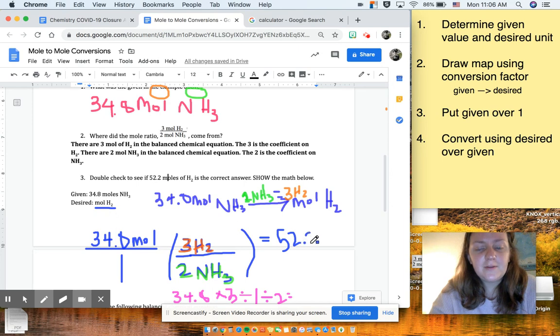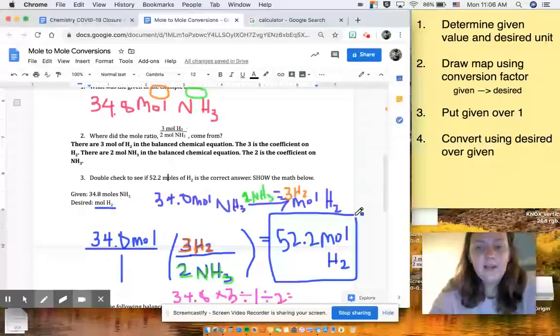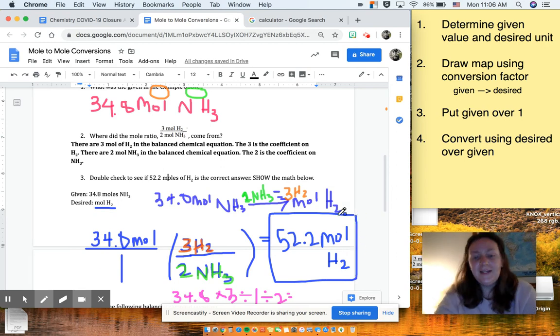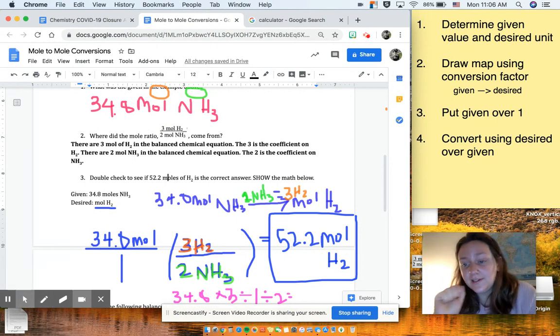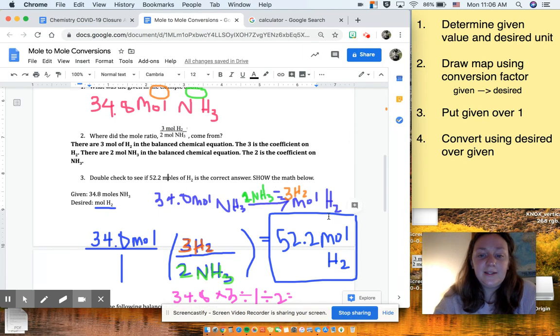I think it's both. 52.2 mole of H2. You guys know I love it when you box your answers. If it's possible, do it. If not, it's not possible. If we were doing this all handwritten, in real life learning, I would definitely make you guys box your answers.